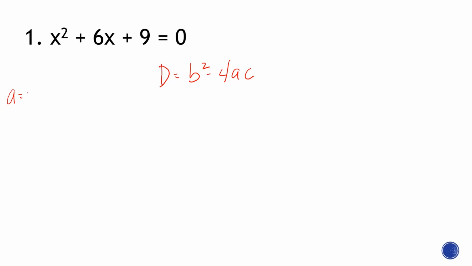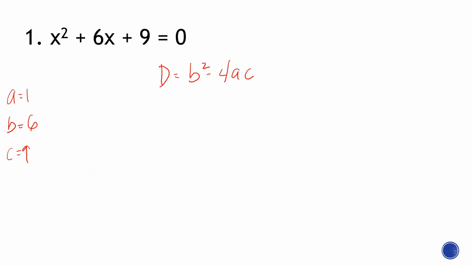That's right, it's 1. We don't normally write 1 there, but how many x squared do you see? It's just one, right? So b, what is that? B is the numerical coefficient of the x term, and that's 6 here. And c stands for the constant.